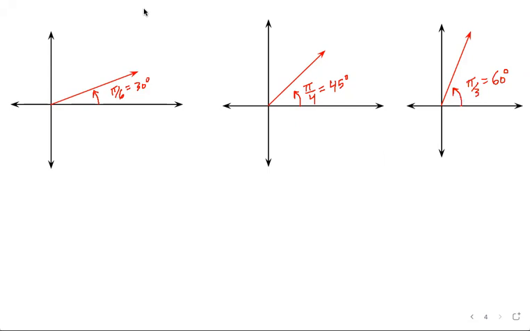Okay, so we're going to use these during this section. The first thing we have to go over is the trigonometric functions of angles, so I'm going to define them. Any questions about the angles?